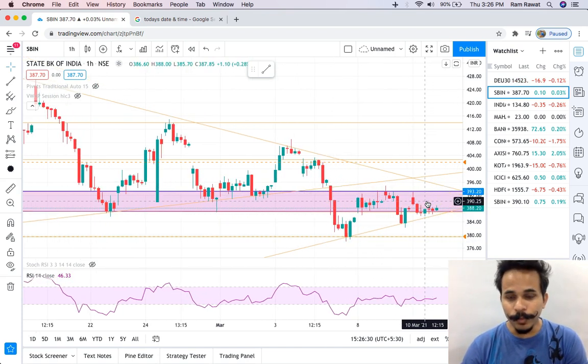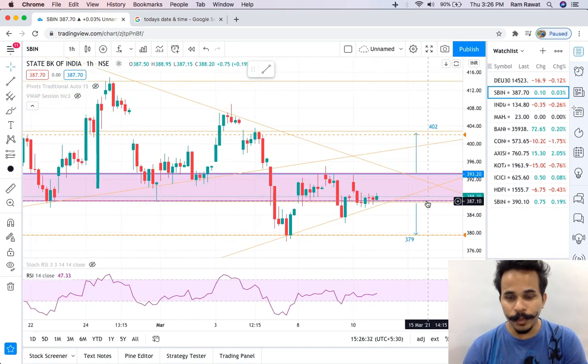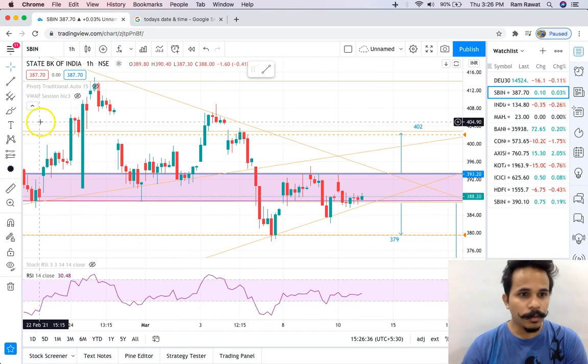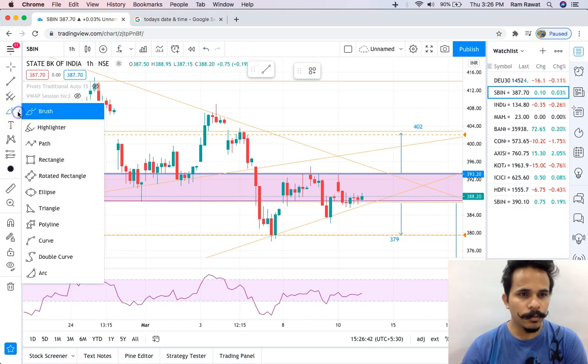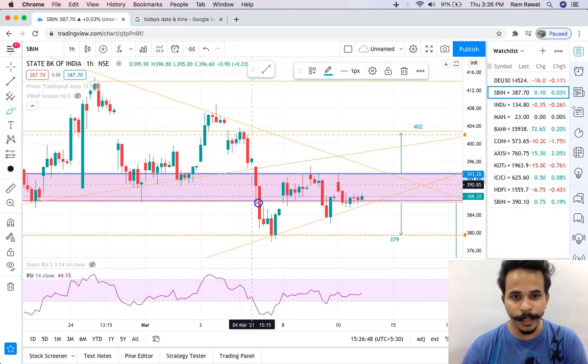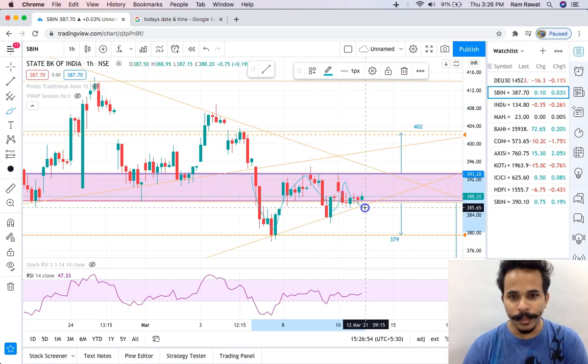So if I zoom and I move towards this side, see, I don't know, I'm very new to the market, so I don't know how this tool works, but I can see this is the kind of pattern we are getting.